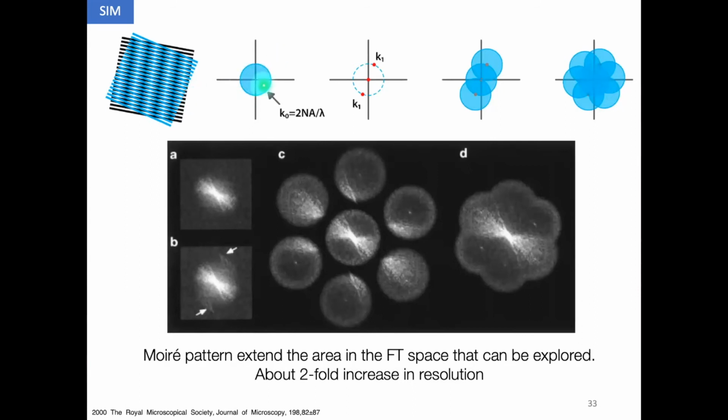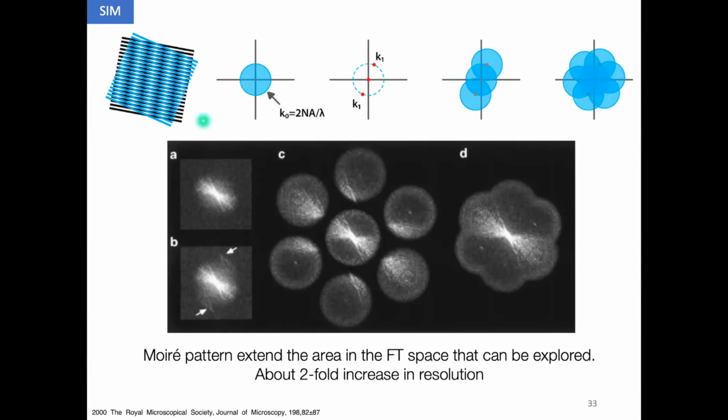So what happens effectively is that you can shift the position where you are imaging in your Fourier space, and you can recenter it to the edges of your resolution circle. So what I'm doing is I create a new area in my Fourier space that is now accessible to image. Then you do this at different angles. So I will make effectively a larger circle that I can image in my Fourier space.